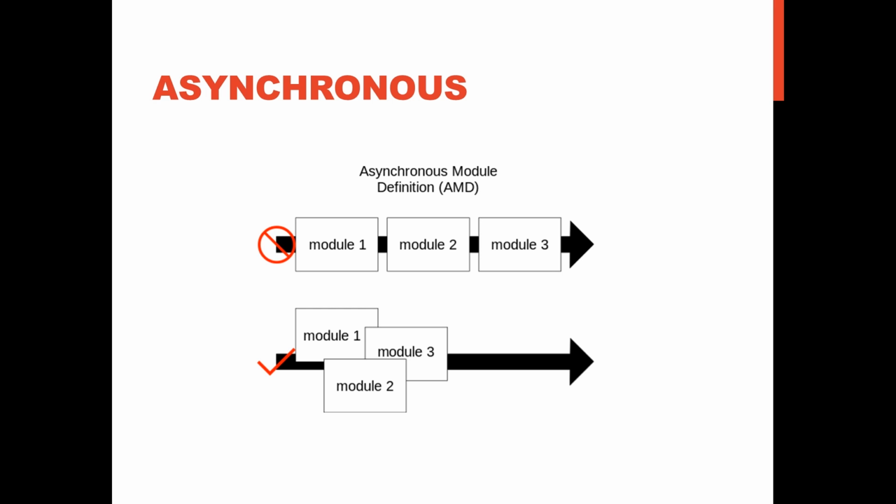In this example diagram, we can see that a project needs 3 modules to load. We can see where the asynchronous portion of the AMD specification behavior is beneficial when looking at where the 3 modules finish loading. In the top route, we can see synchronous behavior in which one module needs to finish loading before the other can begin.